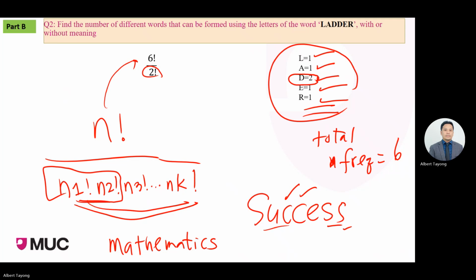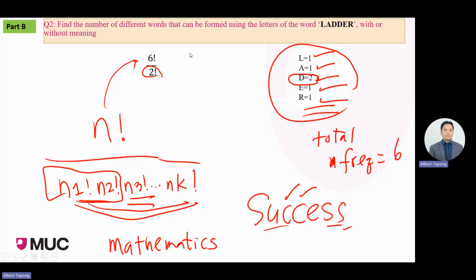There are at most 3 letters repeated: M, T, and A. So 3 letters are repeated, so we have n1, n2, and n3. It depends on how many elements or letters have frequencies greater than 1.